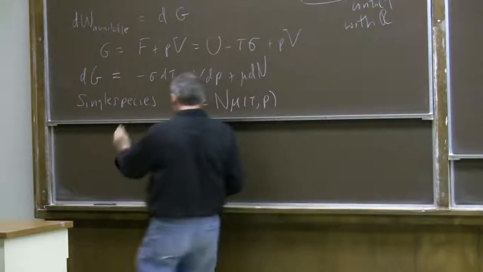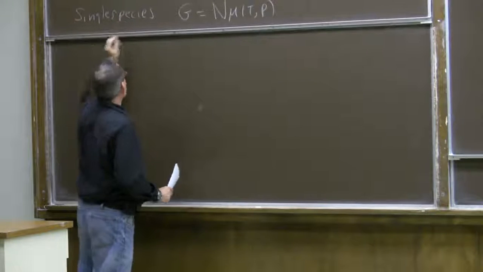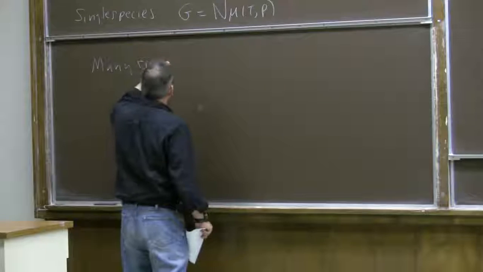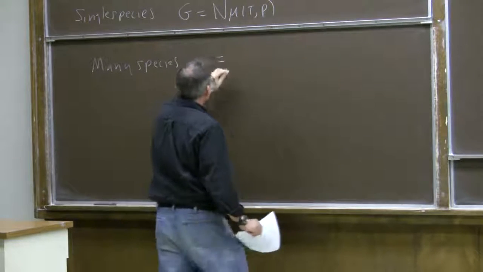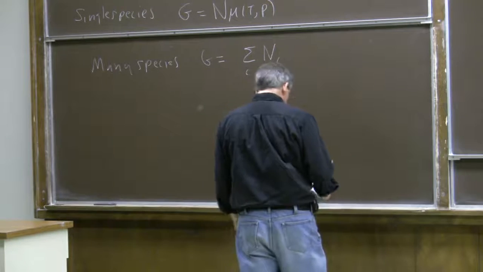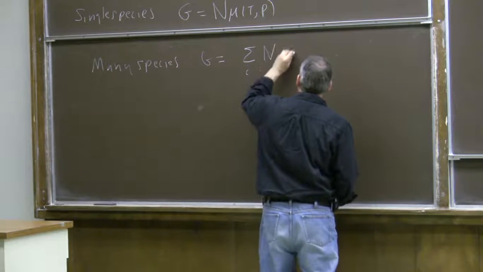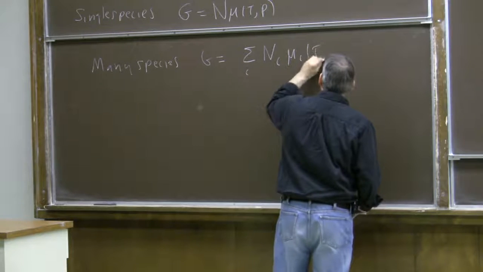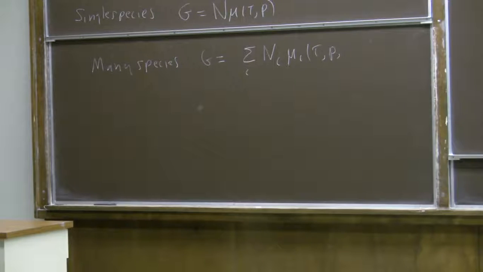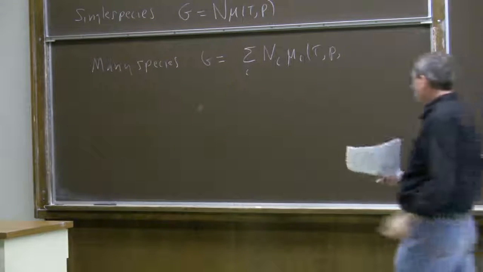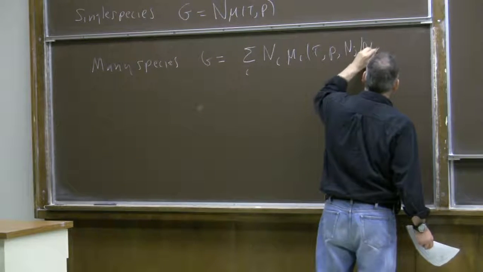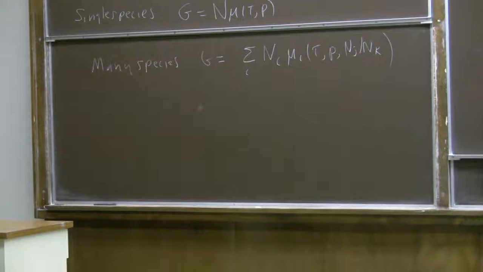And if there are many species, or particle types, then we can write it as a sum over species, number of particles of type i, times chemical potential for species i, which depends on temperature and pressure, and also scale-independent ratios of numbers of particles of different types, like the ratio of particles of type j to particles of type k.